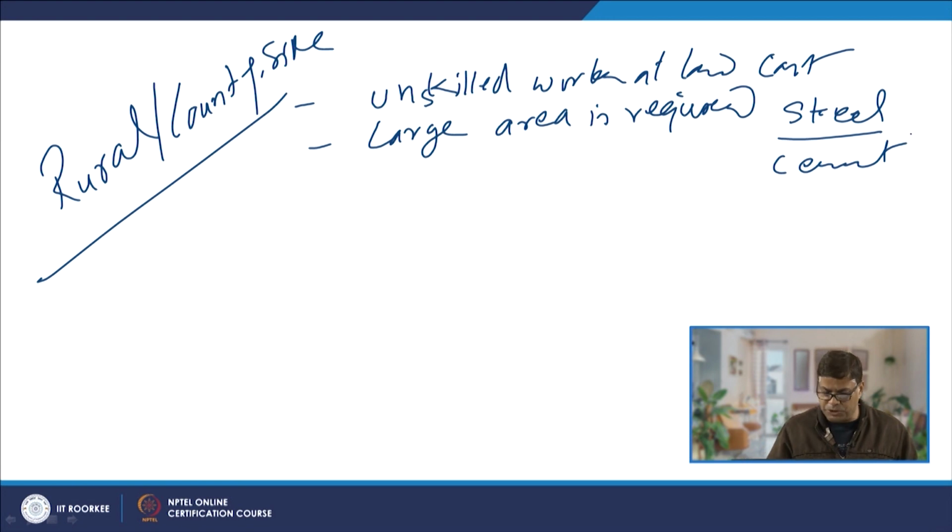Those really need a huge area for locating the plant.